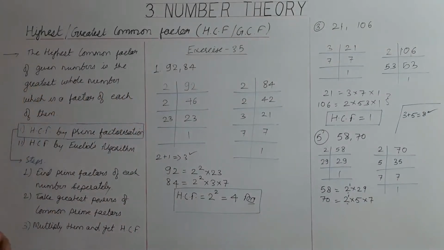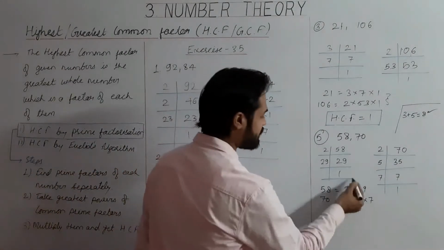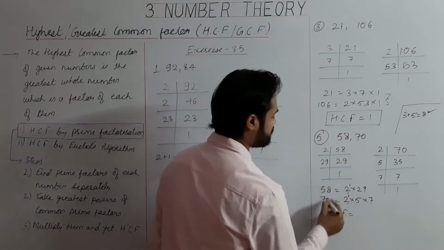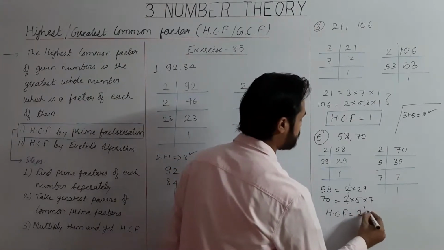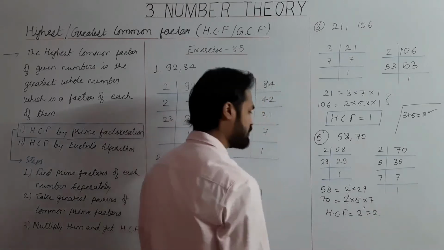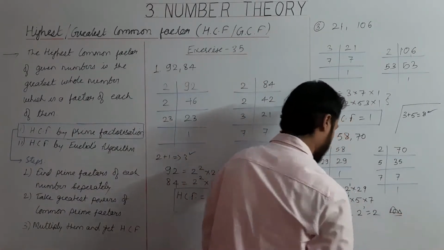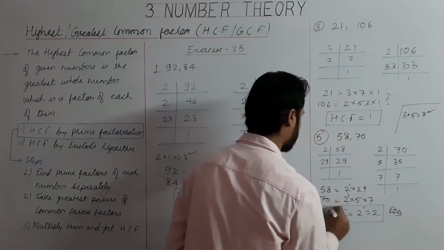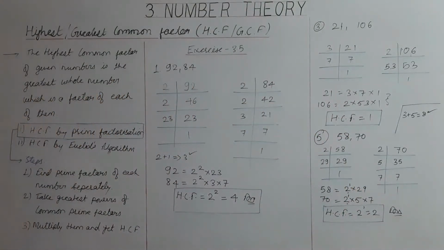So 2 to the power 1 is the greatest power, or simply HCF of these two numbers is 2 to the power 1 equals 2. So 2 is the answer. HCF of 58 and 70 is 2.